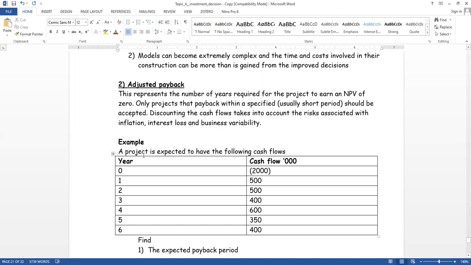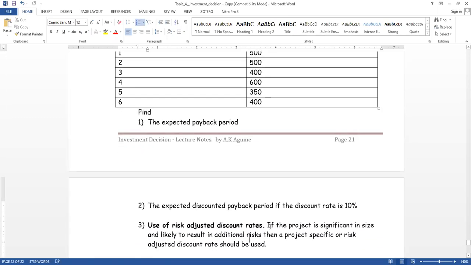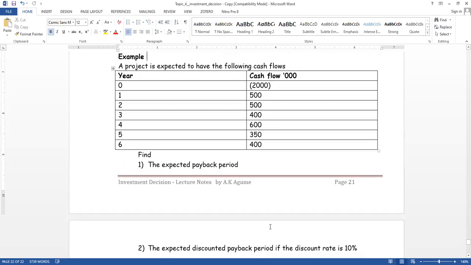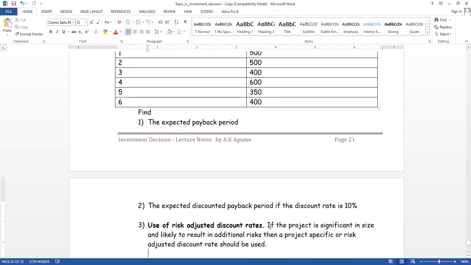Now, like here, you have a project which is expected to have the following cash flows. You have the cash flows given from year 1 to 6, and then they are saying that you find the expected payback period. Then you also find the expected discounted payback period if the discount rate is 10%.